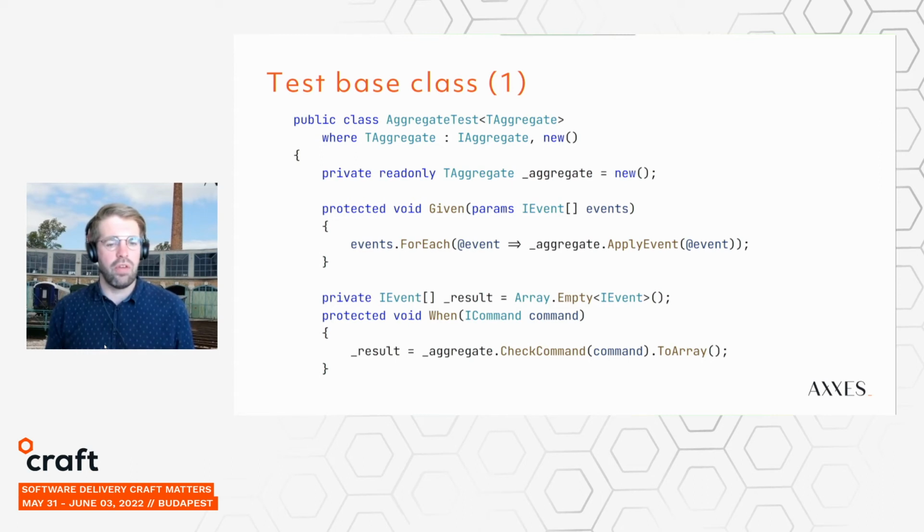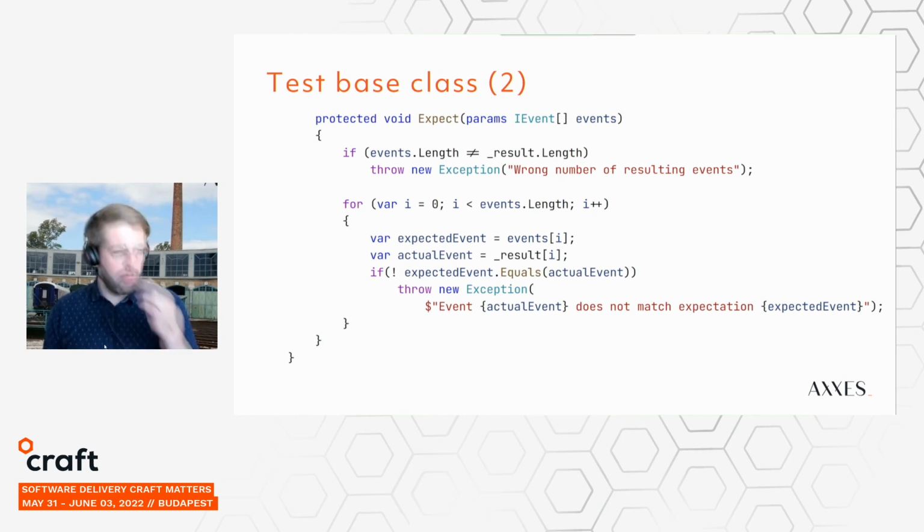So we can have a list of all the events that have taken place, and then we will apply them to the aggregates. And then when we trigger a command in the when method, we're going to call the check command and see what list of events we get back. And then we can have an expect to see if the list of events that resulted from our command is in fact the list of events that we have gotten back.